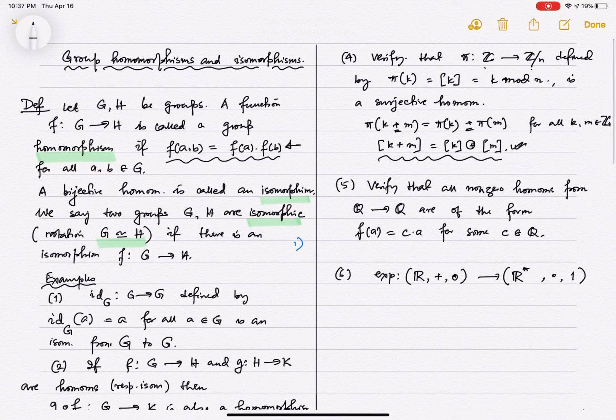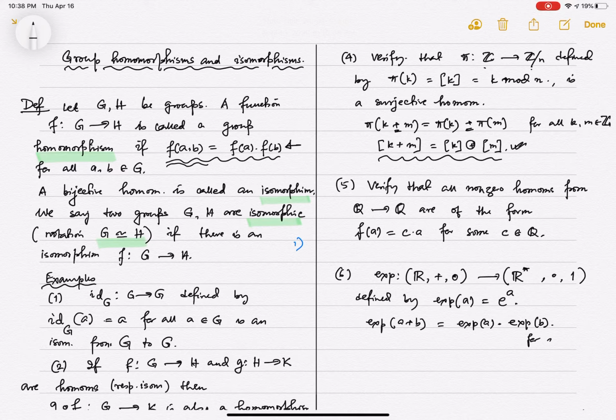So this is the map defined by x of a means e to the power a. What does this homomorphism property say? It says that x of a plus b is x of a times x of b for all a, b in real numbers.